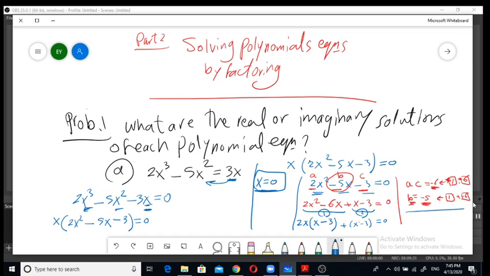Then we have x minus 3 and x minus 3, so we can take x minus 3 as a common factor, a common bracket.